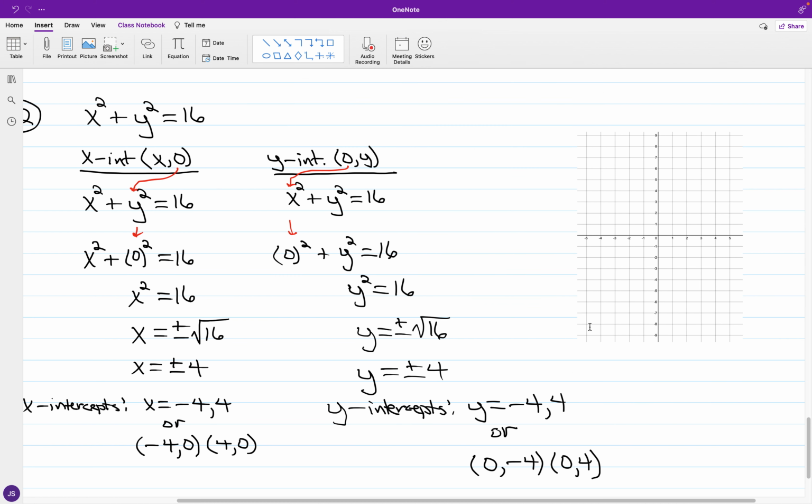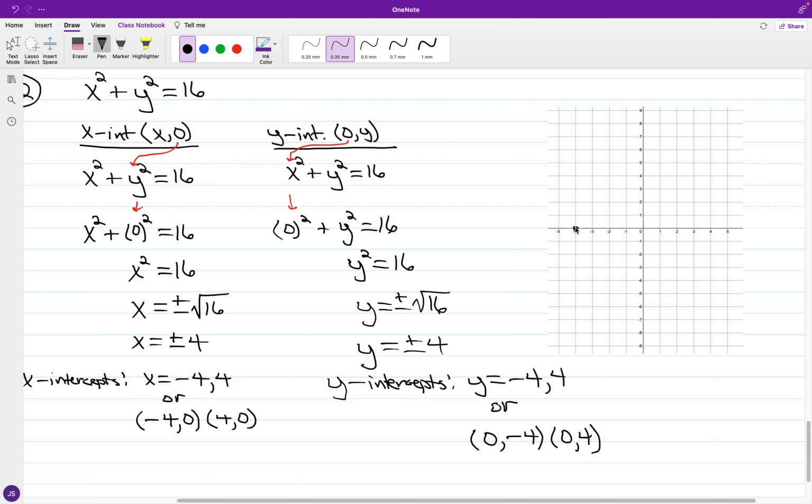So we have 4 intercepts. We got (-4, 0) and (4, 0) on the x-axis, and for the y-intercepts, you have (0, 4) and (0, -4).